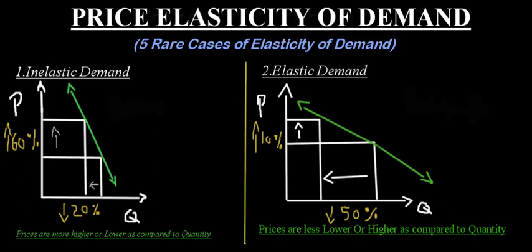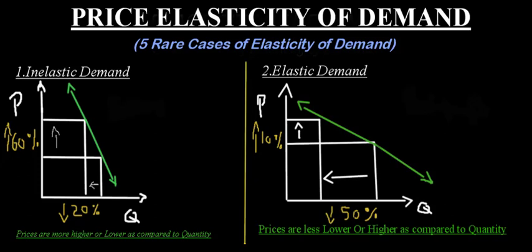And normally in elastic demand, people are more price sensitive. For example, when there is a little increase in prices, people tend to find more alternatives to that specific good. These goods are luxury goods, for example, sports cars.